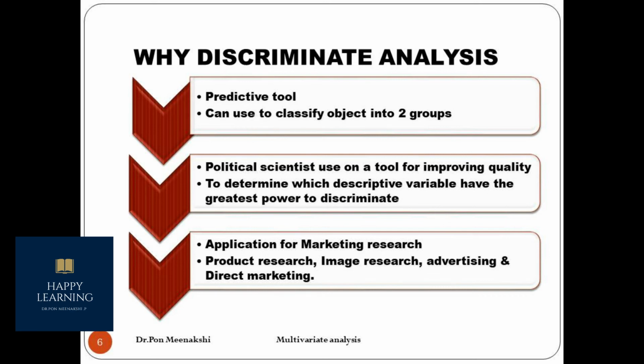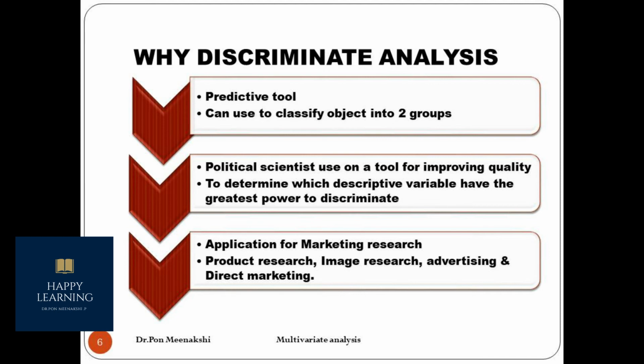Dr. Ambedkar, Chairman of the Drafting Committee of the Constitution of India, Mr. Stephen Brahms, expert on voting systems, and Mr. Ramasamy, editor of Thuglak, used this discriminant analysis for predicting purposes, just for improving quality. So it determines which descriptive variables have the greatest power to discriminate.